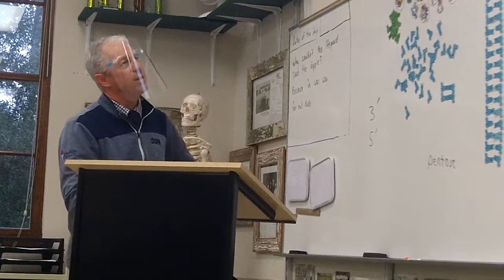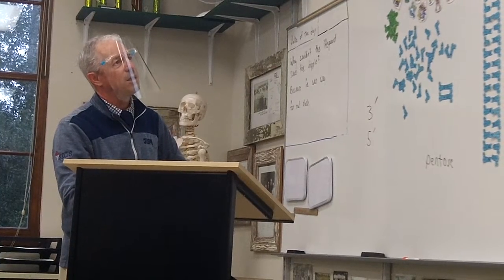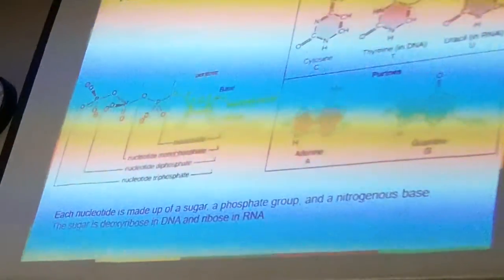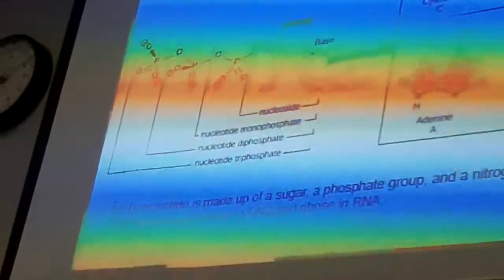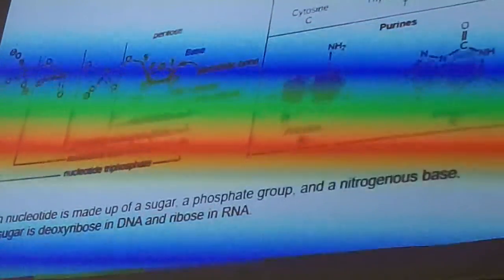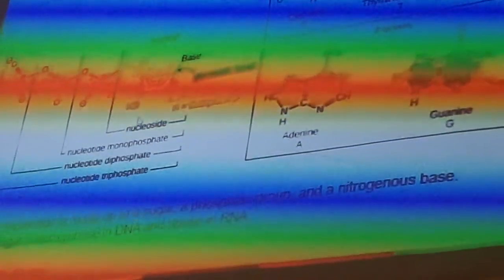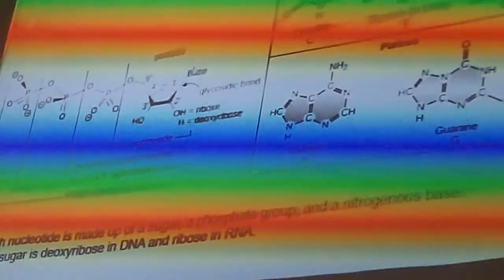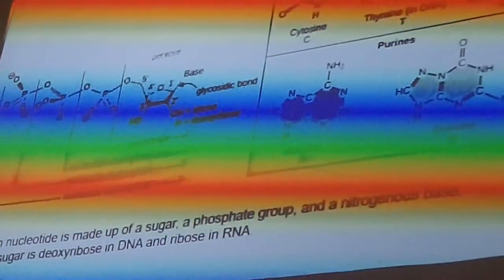So, what molecule is this? You recognize that molecule? It's got a 5-carbon sugar. It's got a base that attaches to the sugar.